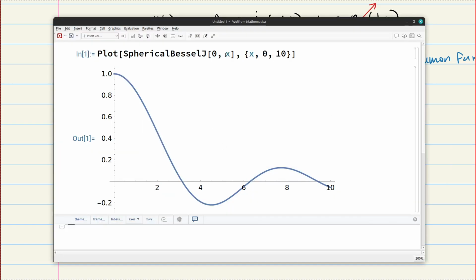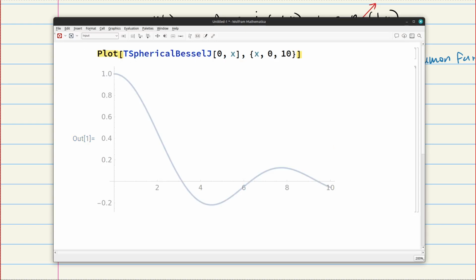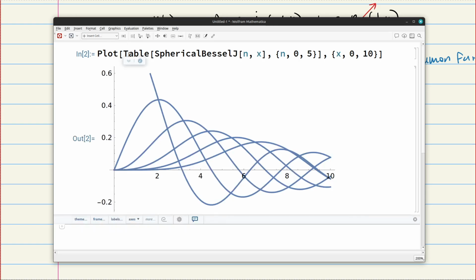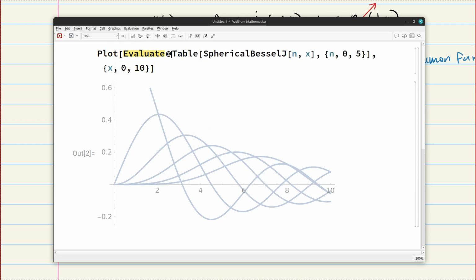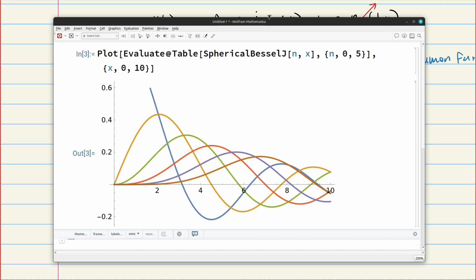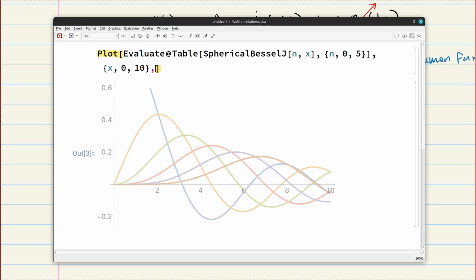Let's put this in a Table and plot a couple of these, n from 0 to 5. And let me also put the labels.